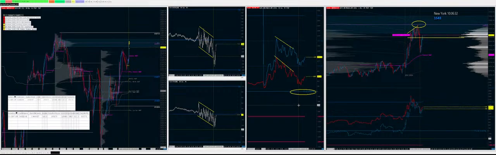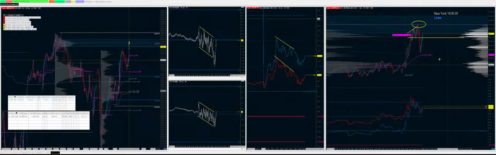So we'll see what it does here. It's back to our entry. It's okay. Ticks up back to neutral.